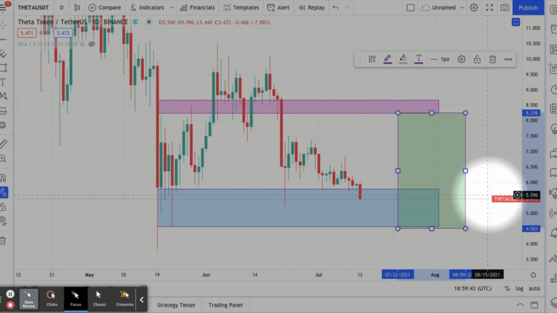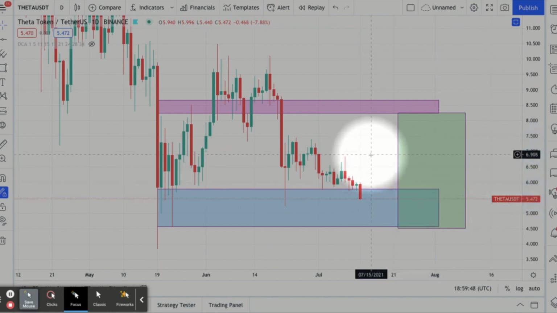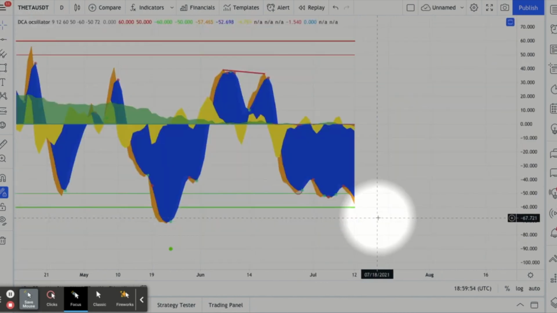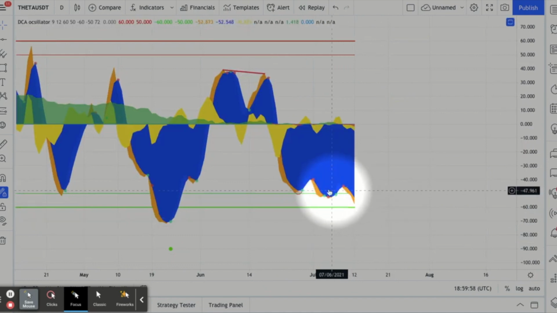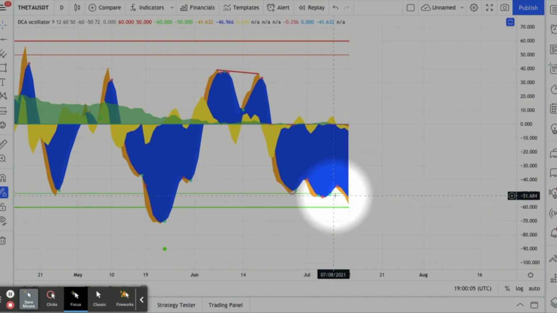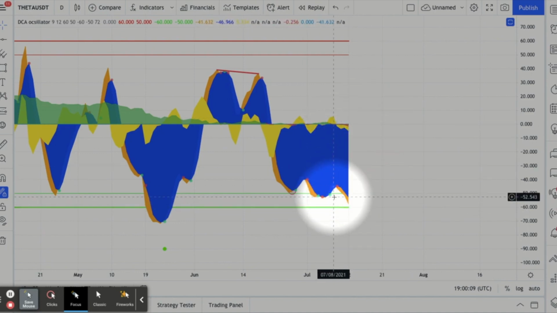However, I need to make sure, does this really look good? So what I do then is I come to my power tools, my DCA oscillator. Do you see how we have these trend lines? They're way deep, way below the zero line.